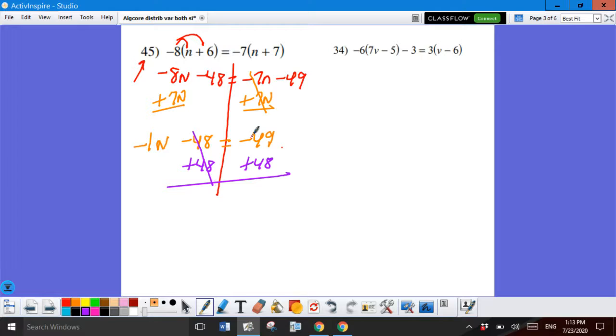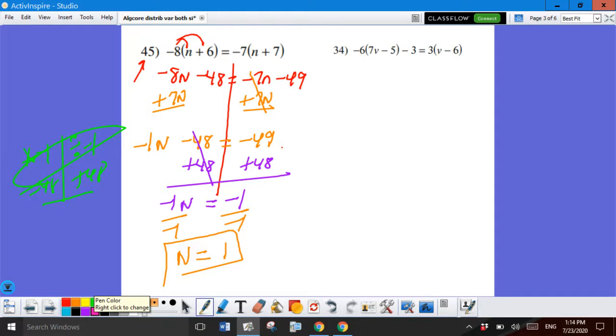Gone. Negative 49 plus 48 is negative 1. All right, now this one, it's multiply negative 1, divide negative 1. And it was minus 48 plus 48. So since this is negative, I absolutely have to do it. Okay? I cannot skip that step because negative is going to change my answer. So negative divided by negative is a positive. So n is 1.